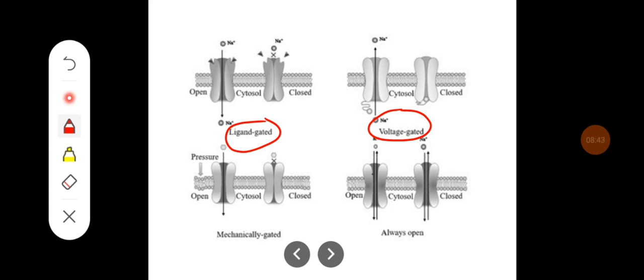Some of the ion channels may be mechanically gated. When pressure increases, these channels are going to open, and sometimes the channels may be open all the time for specific ligands.